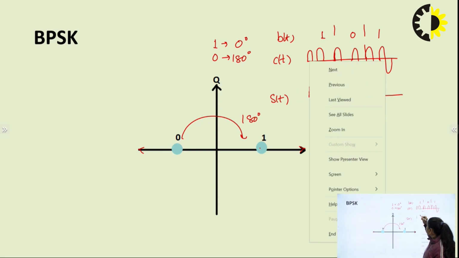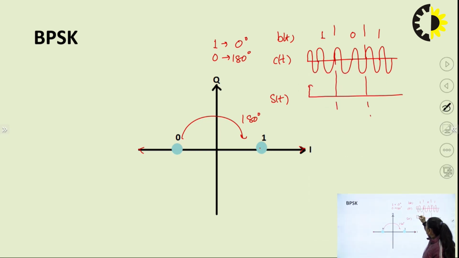for bit 1 there is no phase shift, so the carrier wave will start like this only. For bit 0, however, my carrier would observe a phase variation of 180 degree. So if my carrier was starting from here, in the resultant wave it would start from here, right?